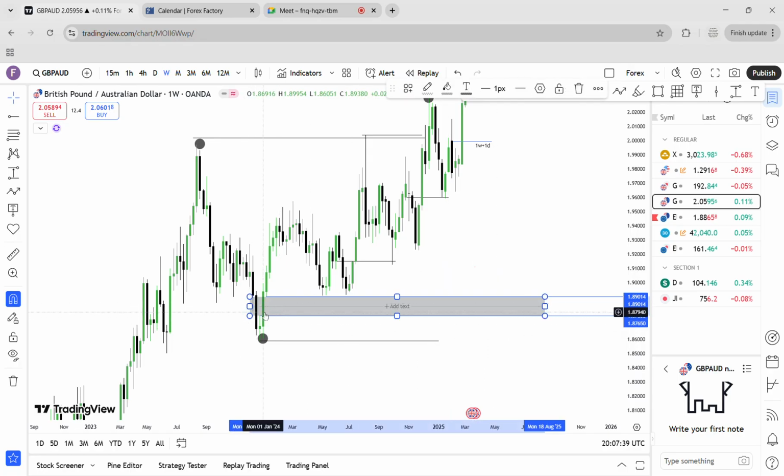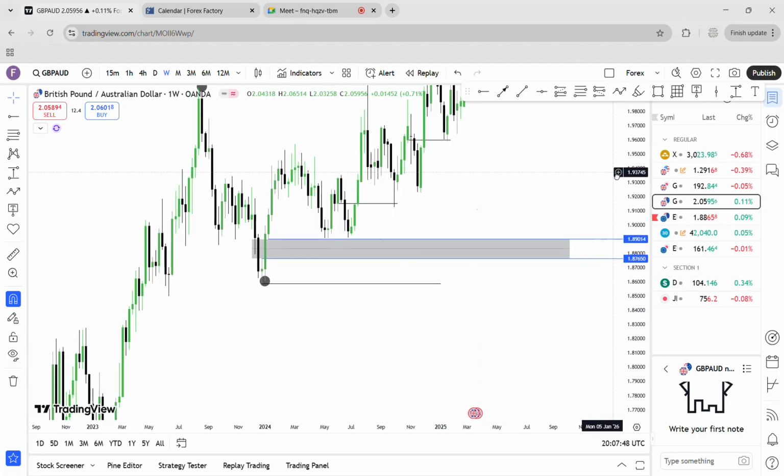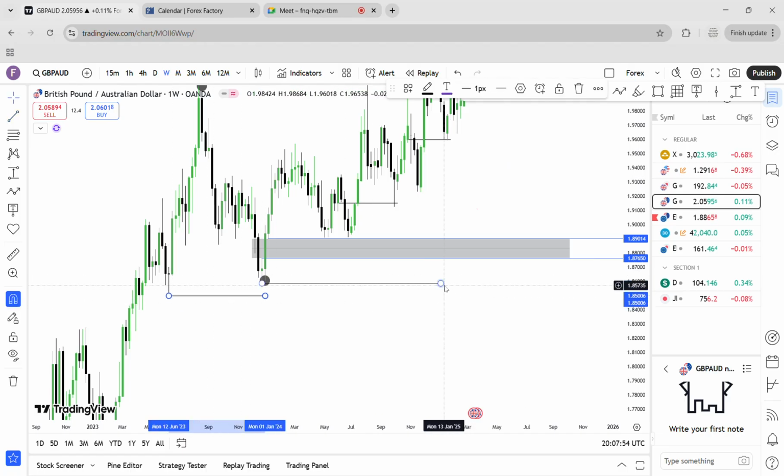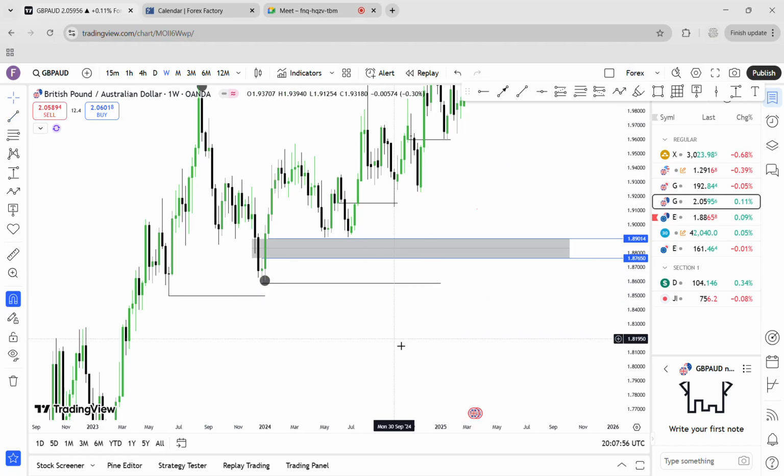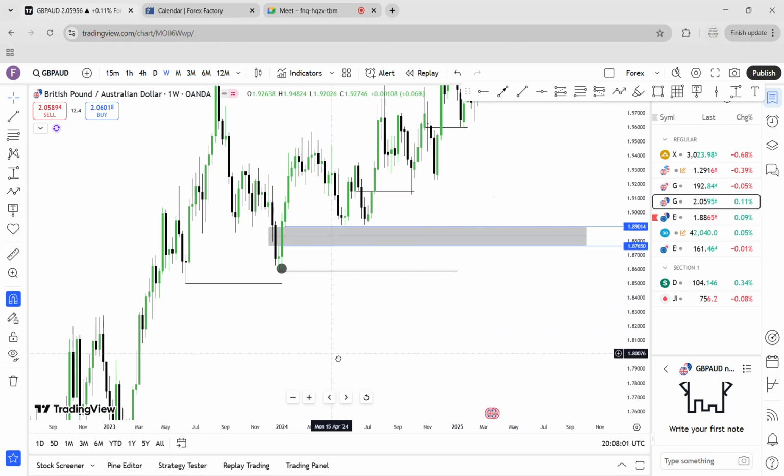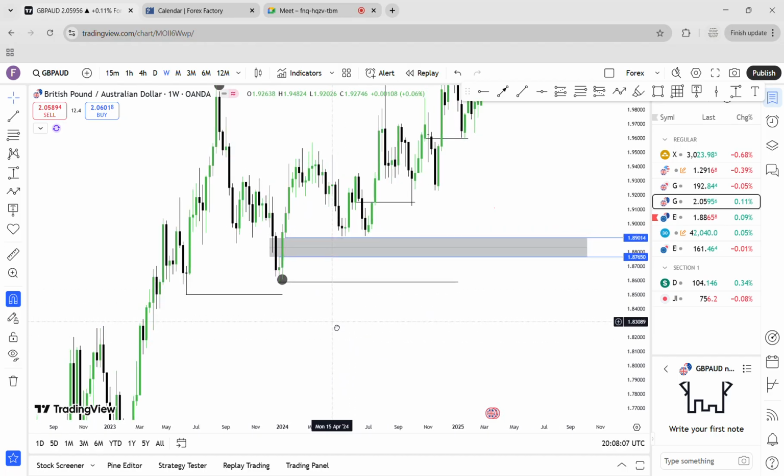It was because of orders that this kind of displacement occurred, because there is still a lot of money sitting here. When you say rebalancing, does that mean it's coming back to close that imbalance area completely? No, it doesn't have to balance it completely. It's just coming back there.